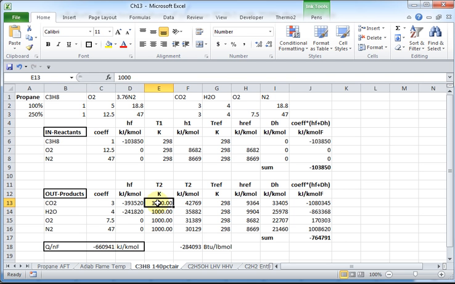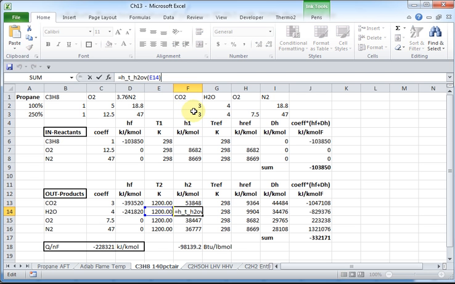So if I change this to 1200, it's going to basically change it because it copies it down, right? Compared to the reference. So I evaluate the, that should be H2 right there. The enthalpy at the temperature, 1200 Kelvin, I can get all those calls. See, like CO2, then the call for the H2O vapor.